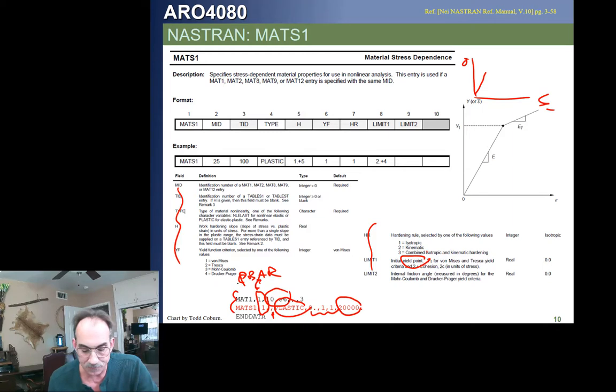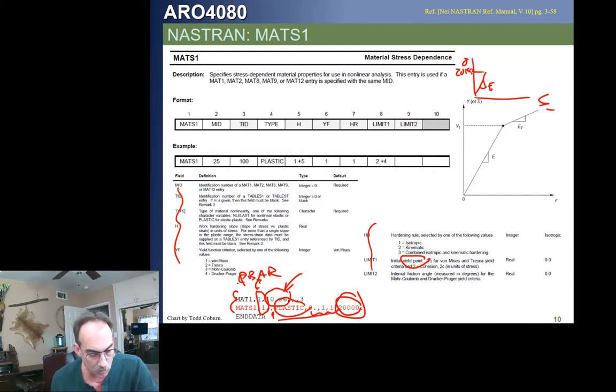So what it's saying is we have a modulus given in this material card. That's giving the slope of the stress strain curve initially. And what this field is doing is telling us at what stress level the yield is, 20 KSI. And then the rest of this card tells what happens at that point.